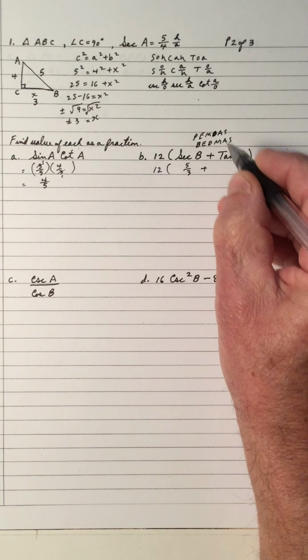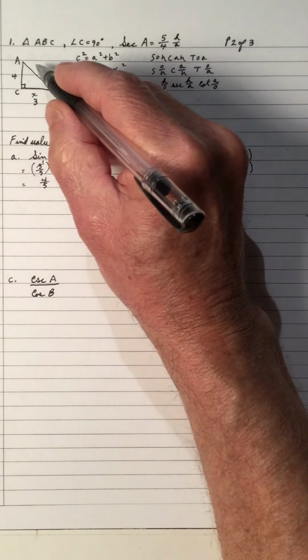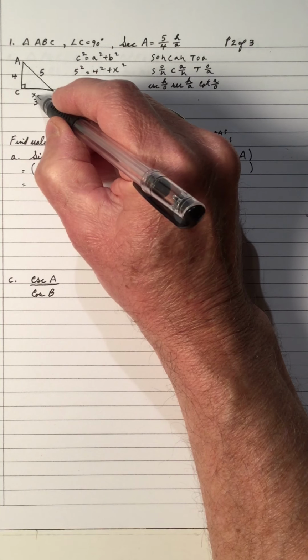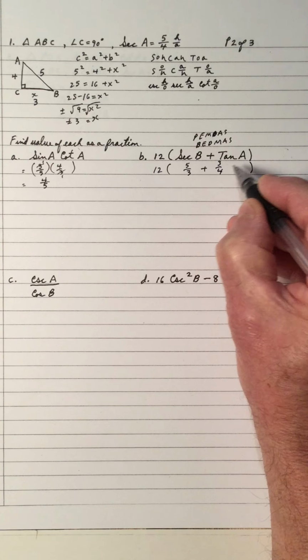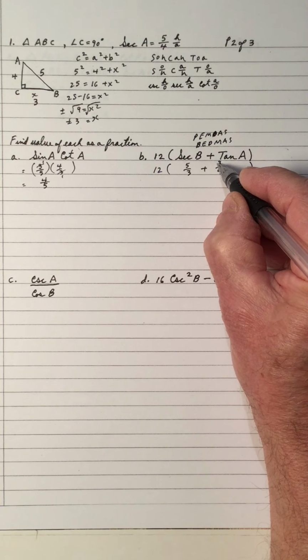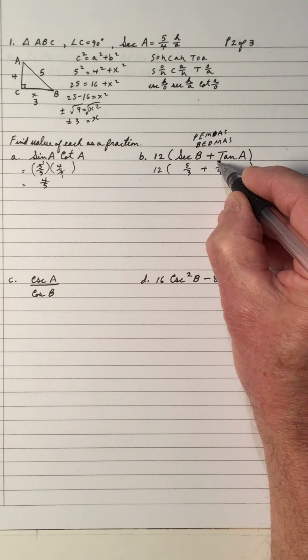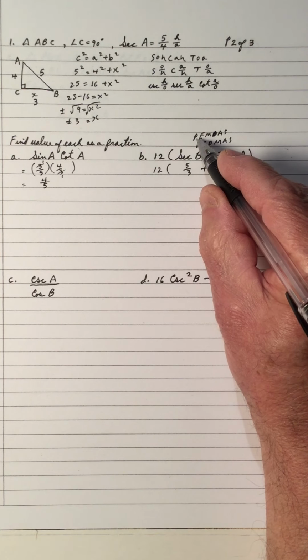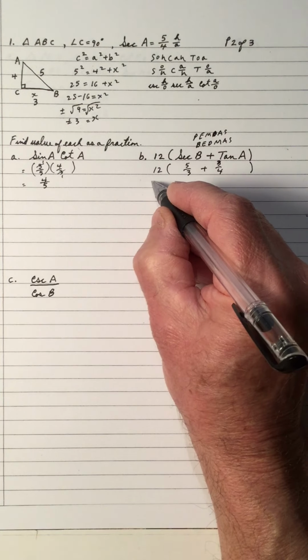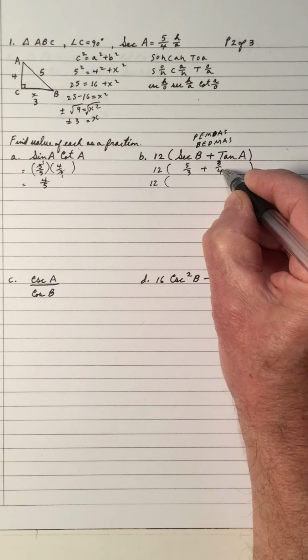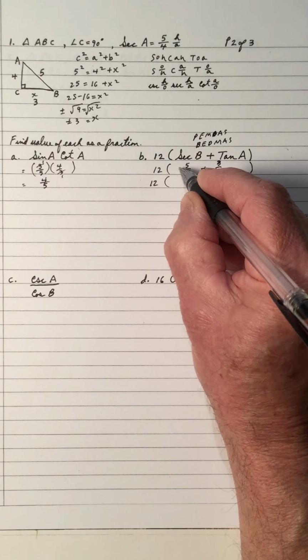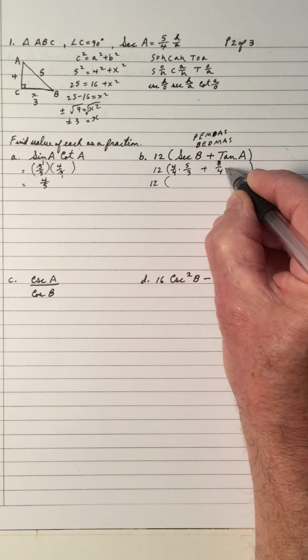The tan of angle A. Tan is opposite over adjacent. There's angle A. Opposite over adjacent, which is 3/4. Now that I have the ratios filled in, now we will manipulate. We have to do PEMDAS. We have to do the inside of this bracket first. So we need a common denominator. Common denominator for 3 and 4 is 12, so we multiply this one by 4 over 4.